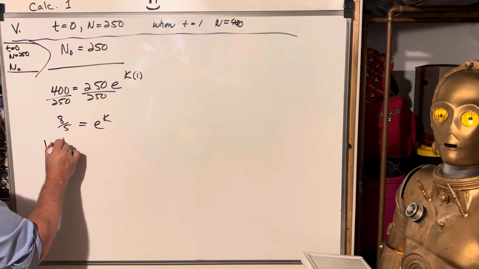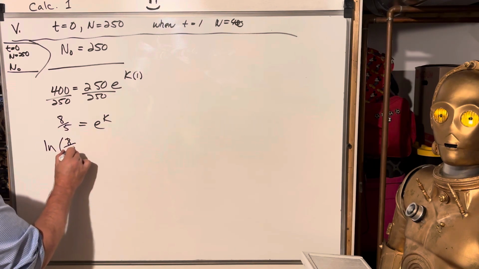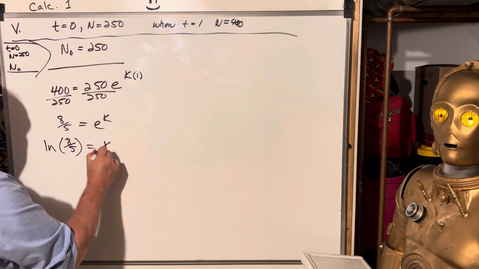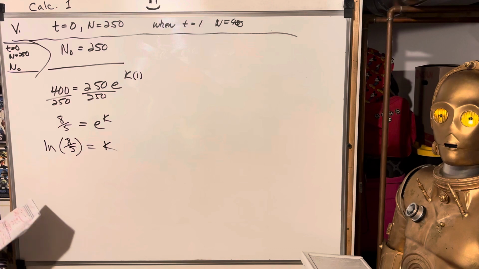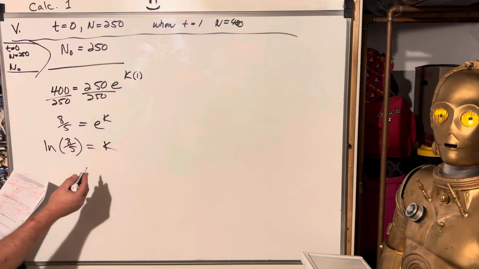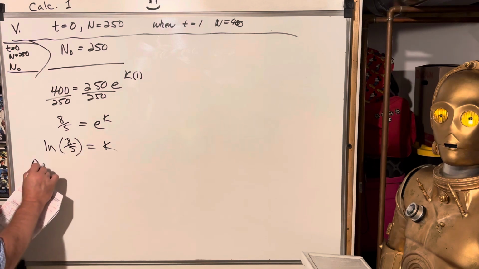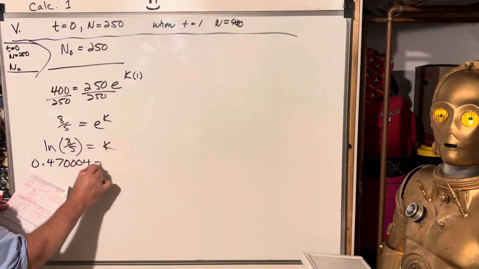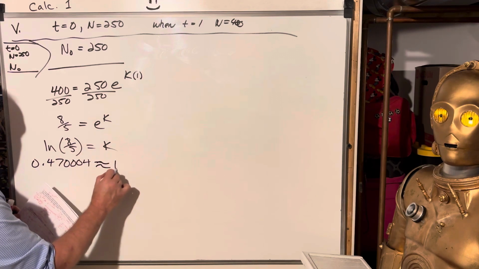So ln 8/5 is equal to k. We're catching on to that trick, right? All right, so now if I do an approximation, that is 0.470004 is approximately k.